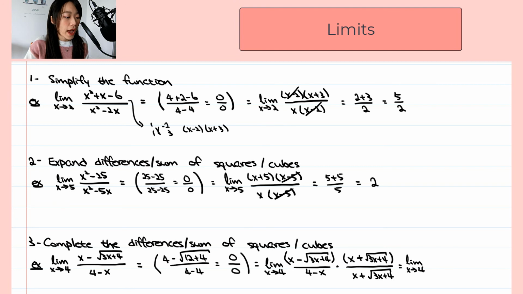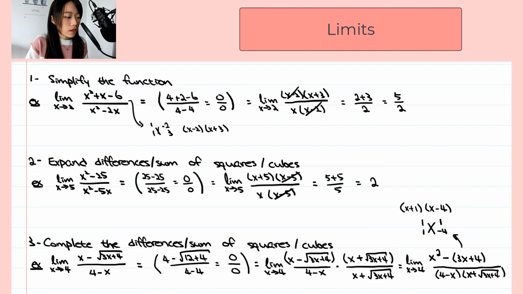In the numerator, we have a minus b times a plus b. So the numerator equals a squared minus b squared. And a in this case is x, so a squared is x squared, minus b squared. And b in this case is square root of 3x plus 4. So b squared is 3x plus 4, over 4 minus x times x plus square root of 3x plus 4.